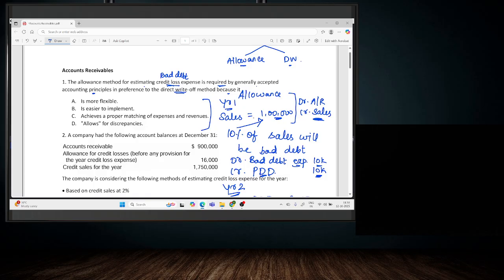Whereas in the direct write-off method, there is a mismatch between revenue and expense. In one period you recognize revenue, and in subsequent periods you recognize the expense, which is against the matching concept of accounting. So the allowance method is required because it achieves a proper matching of expenses and revenues. So option C is the right answer.